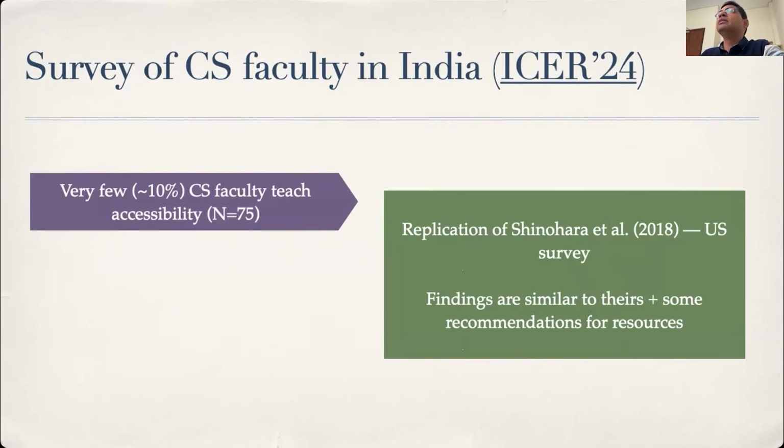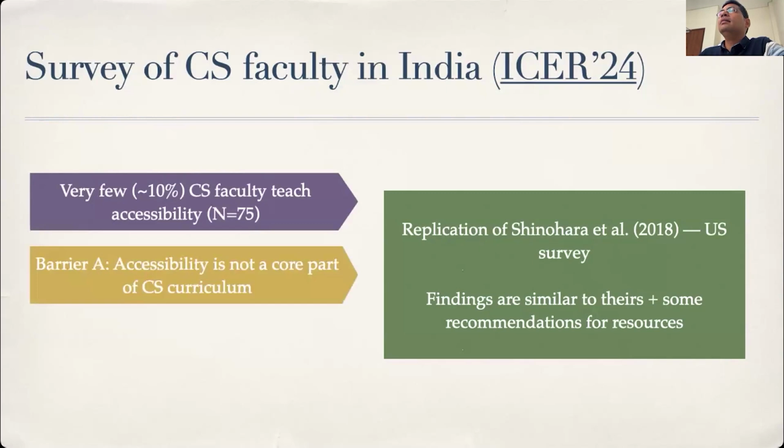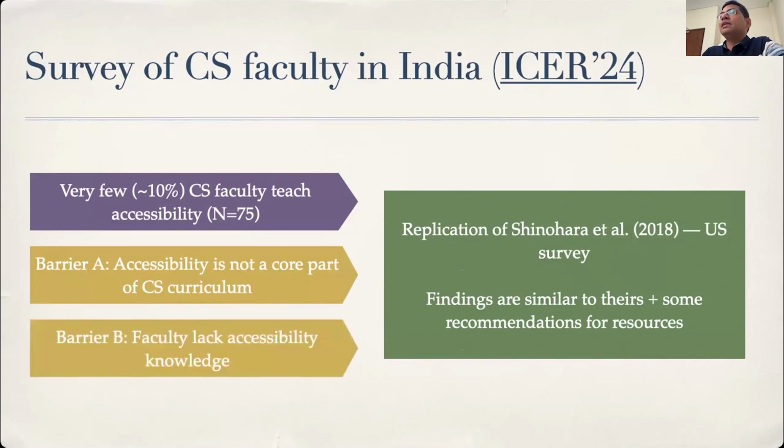So together, what we found is very few CS faculty teach accessibility, about 10% in our case. And the top barriers they mention are that CS faculty don't consider accessibility a core part of the computing curriculum, and they themselves lack accessibility knowledge. So particularly if the second one is the barrier, then reaching students at scale is going to be difficult.